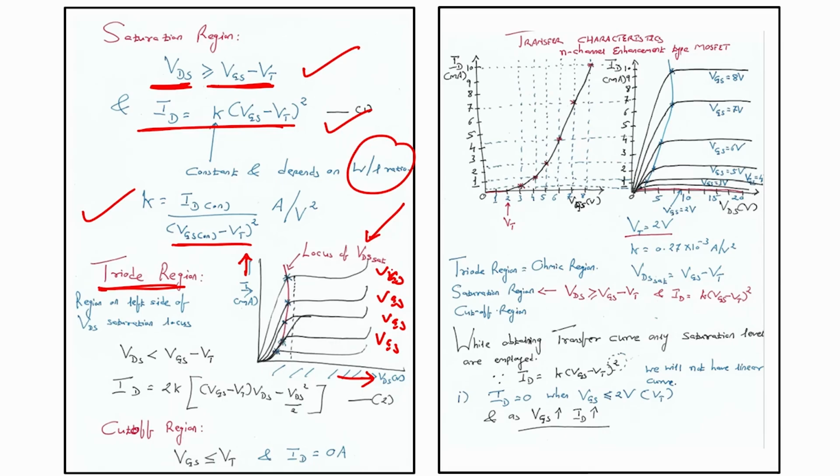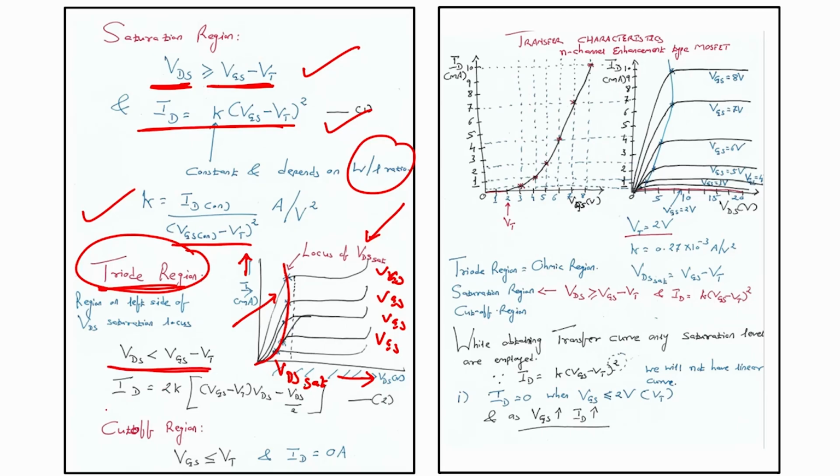Here, if you draw a line which interconnects the pinch off voltage, everything on the left side of VDS saturation is your triode region, and VDS is less than VGS minus VT.